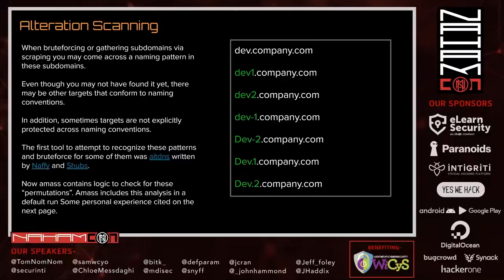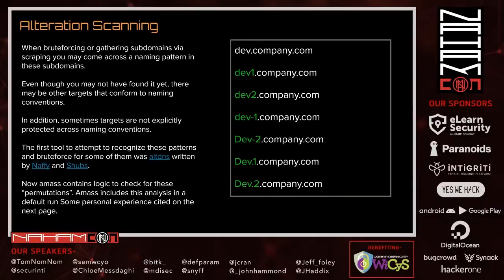Applying these alterations, or permutations as some people call them, to common words when you're brute forcing is a method to find subdomains, and it's a pretty valid method. A lot of people find some cool obscure stuff with it.